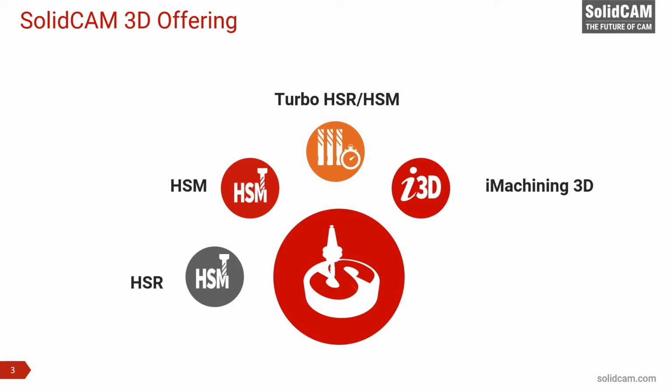We also have iMachining 3D, the revolutionary product inside SolidCAM that allows you to machine parts much faster, about 70% more than the conventional way of cutting. And then finally, we have got high-speed surfacing for super finishing and machining localized area without the need to define any boundaries or stuff like that. So this is the current offering that we have in SolidCAM 2021 as far as 3D milling is concerned.